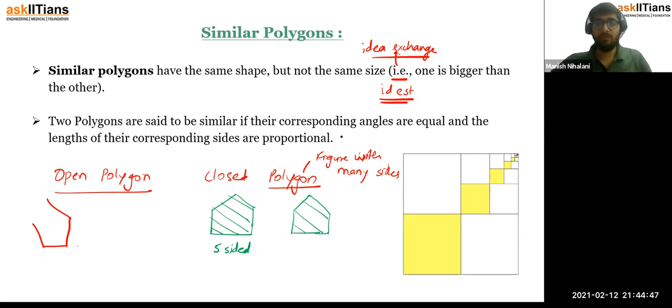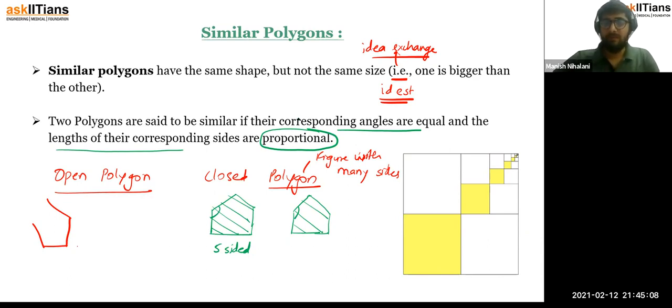Since it is a pentagon, their angles will also be equal. So if their corresponding angles are equal and the lengths of their sides are proportional, then we say two polygons are similar to each other. In this case the angles should be equal but the sides can be proportional.